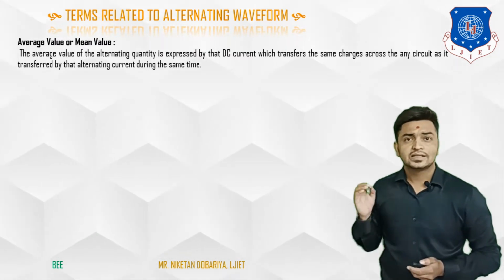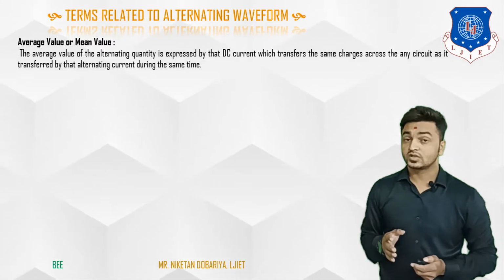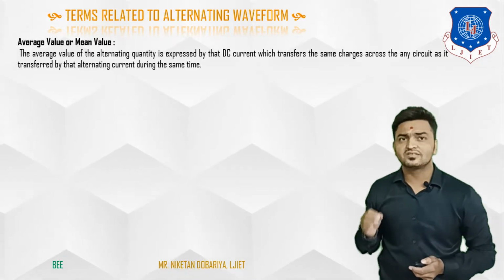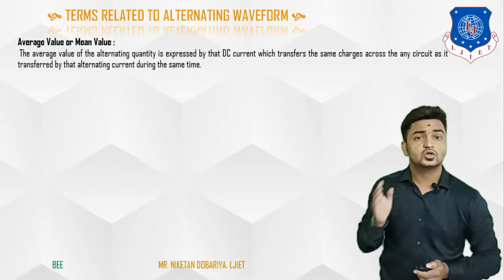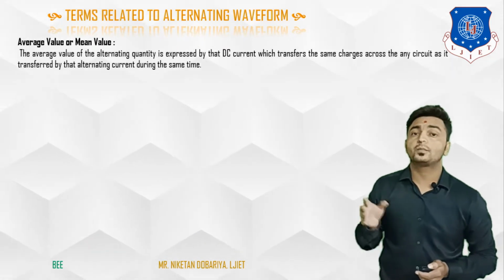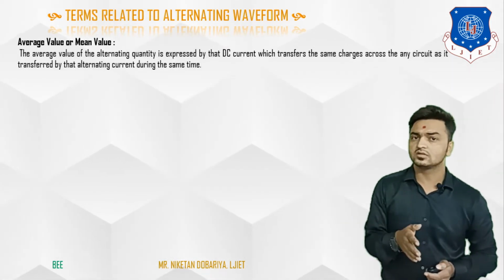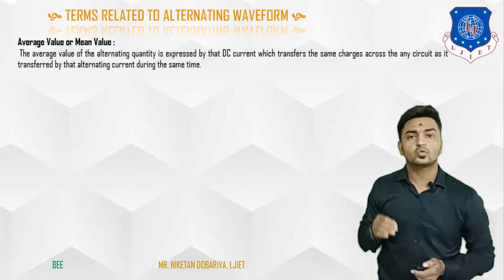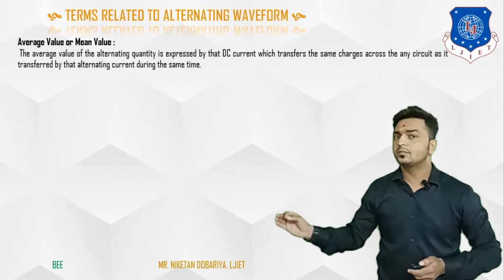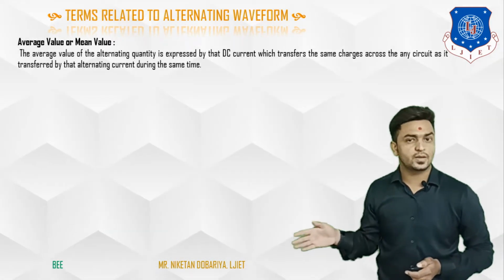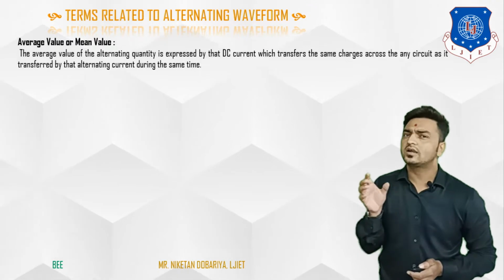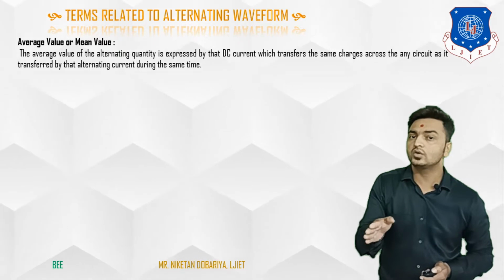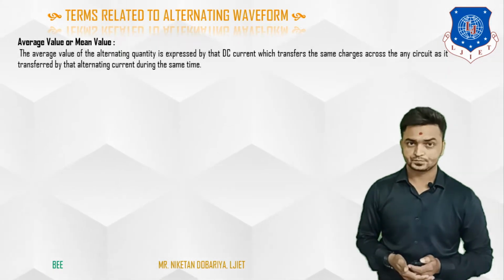Average value can be expressed by a DC quantity which transfers the same amount of charge to any circuit for a particular time period, which can be transferred by the alternating quantity in that same circuit in that same time period. So that DC parameter can be defined as the average value for an alternating quantity.